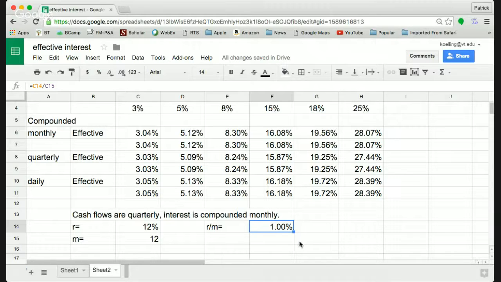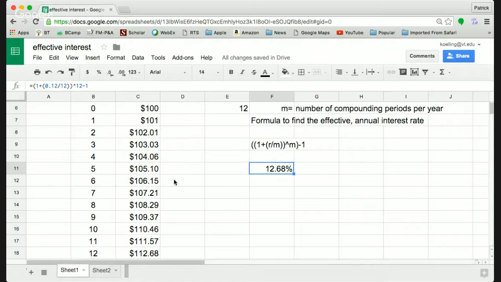Well, let me go back to the first sheet and let's talk about that for a moment. Here I'm compounding monthly. And remember, a quarter has 3 months in it. It's easy to be confused and to think 4 months in a quarter because you're thinking quarter, you're thinking 4. 3 months in a quarter. So if we had $100 and it's compounded monthly and we go forward for 3 months, this looks to me like 3.03%, right?